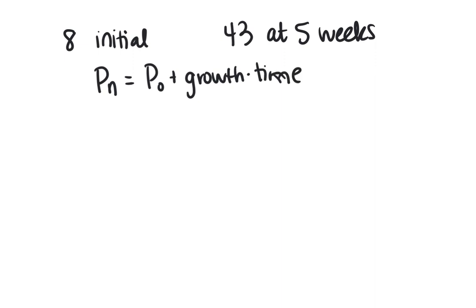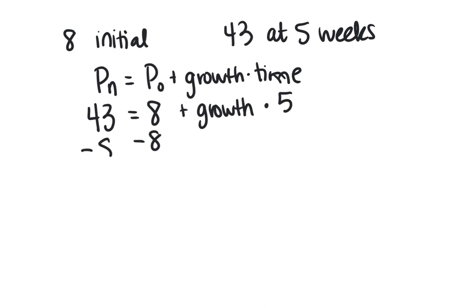This time, we don't know the growth rate. We have to figure out the growth rate. We know, though, when the time is 5 that we're going to get 43. So we start with our initial. We don't know our growth, but we know our time is 5. And we can solve this like any other equation.